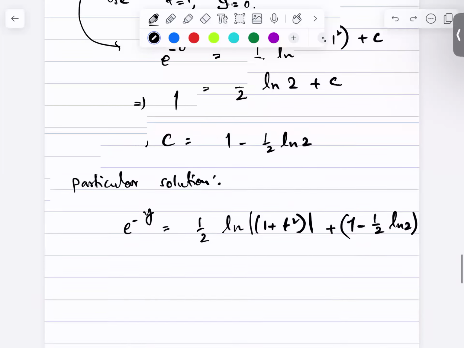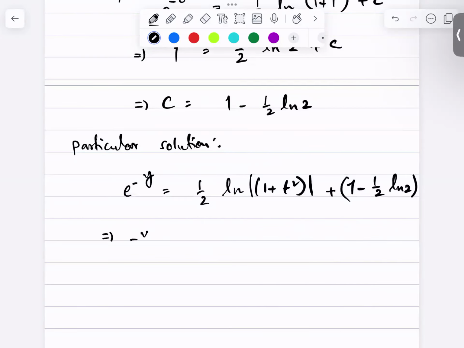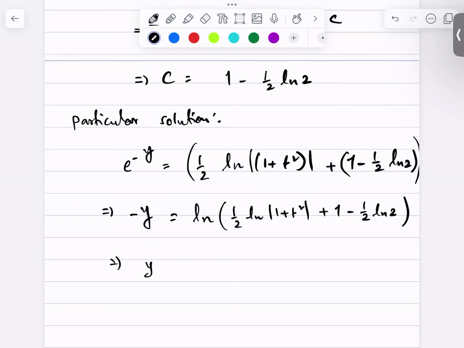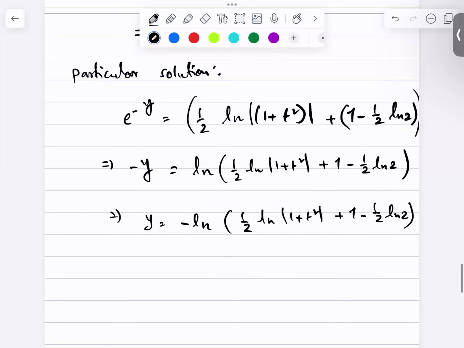Cool. So now I have minus y is ln of the whole quantity there, which is half ln(1 plus t squared) plus 1 minus half ln 2. And then y will be minus ln of half ln(1 plus t squared) plus 1 minus half ln 2. And this is the solution.